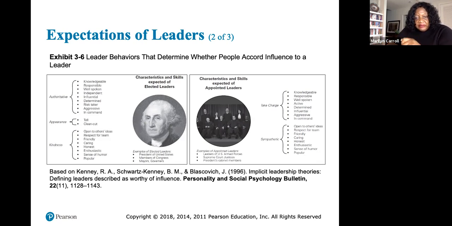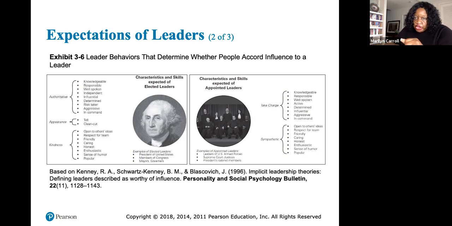Examples of elected leaders are presidents of the United States, members of Congress, mayors, and governors. Now, characteristics and skills expected of appointed leaders include knowledgeable, responsible, well-spoken, active, determined, influential, aggressive, in command.